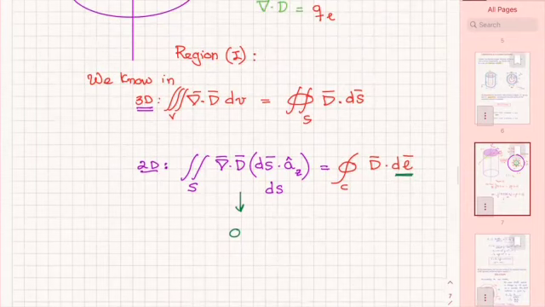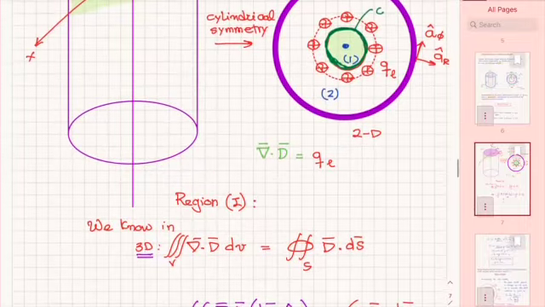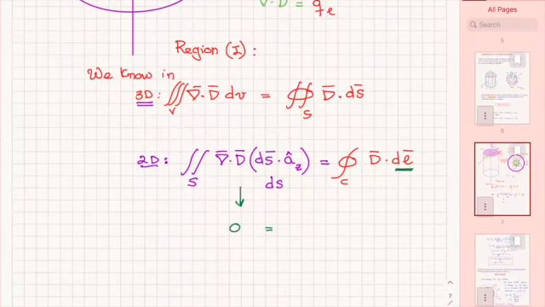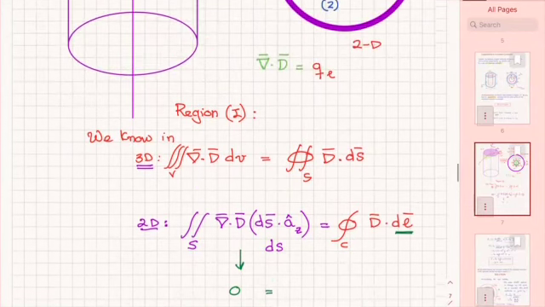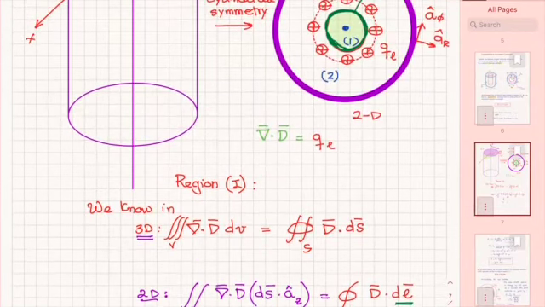Okay, let's see the other one. C is the perimeter of this green circle; I selected a circle. D is going to be constant because we said it's cylindrically symmetric. On this green circle, D is not going to change, so it's independent of phi.